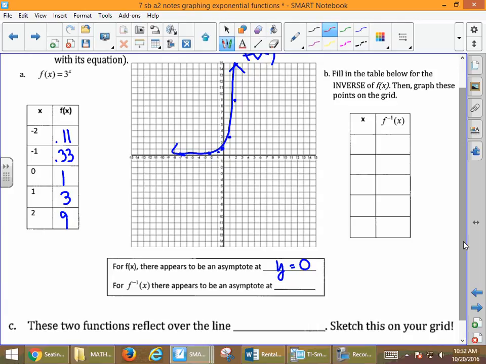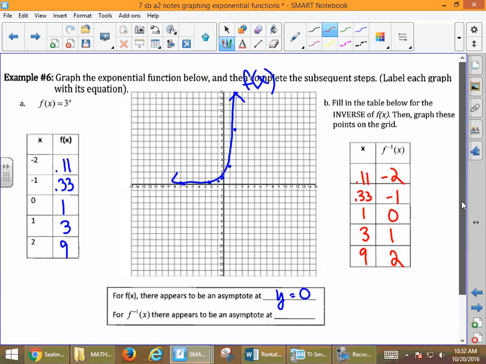But when we take the inverse, in other words, we interchange the x and the y, we're going to get 0.11, negative 2, and 0.33, negative 1, and 1, 0, and 3, 1, and 9, 2.